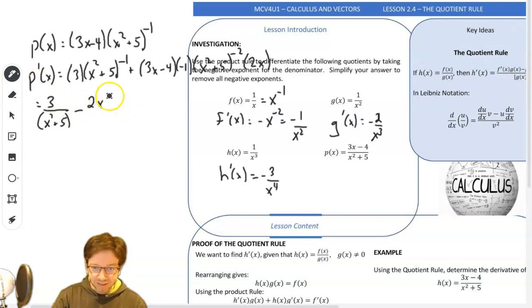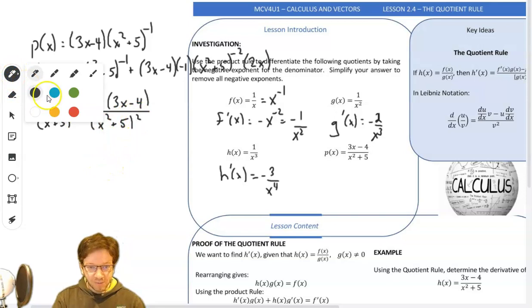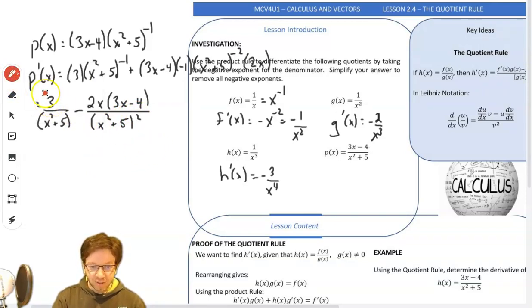Minus 2x times 3x minus 4, all divided by x squared plus 5 squared. All right, so to get a common denominator, I'm going to multiply this fraction top and bottom by x squared plus 5, like so.